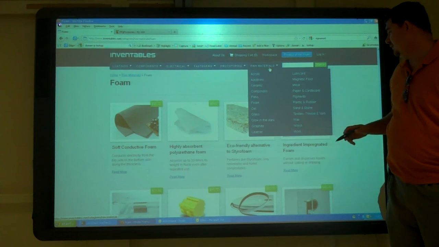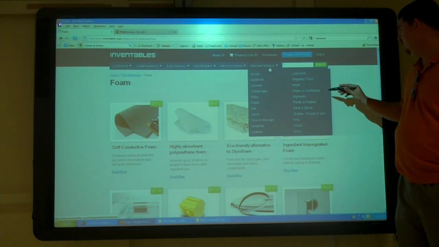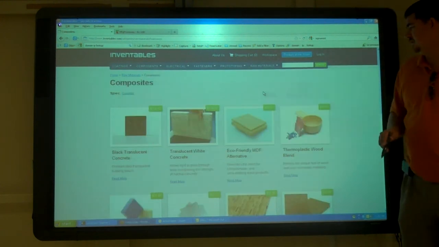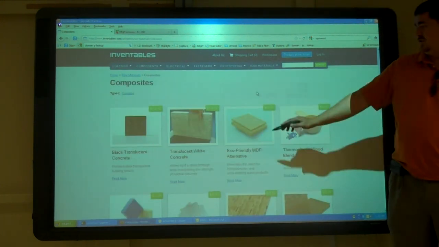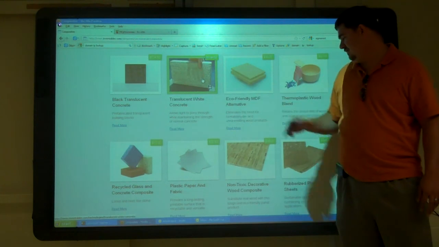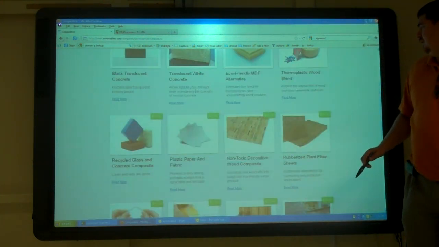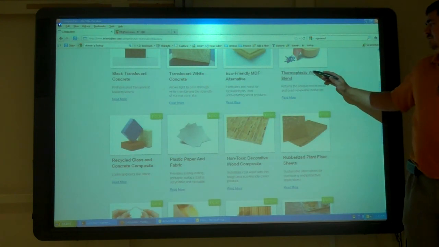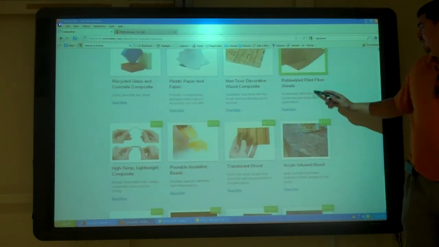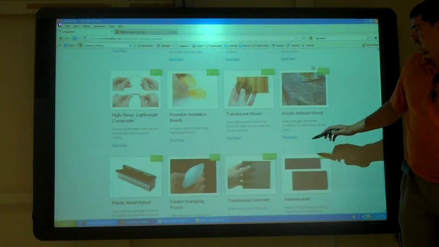Let's see, where's a good one? Composites. Translucent concrete. A thermoplastic and wood blend. Rubberized plant fiber.